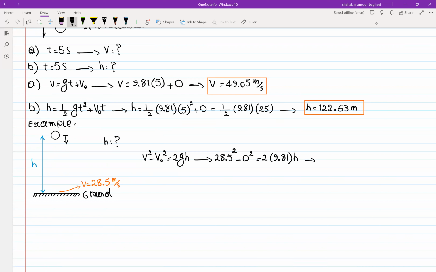So 28.5 squared, that's 812.25, equal to 19.62 h. And from here, find h. That's 812.25 divided by 19.62. So the height for this problem is 41.4 meters.